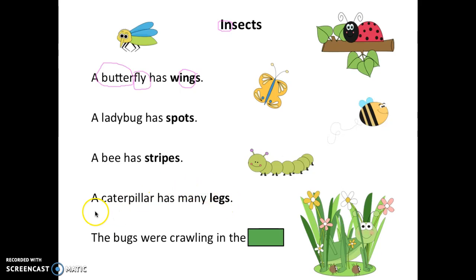Okay, you should have said a caterpillar has many legs. High five your partner if you got that. And the last one. You should have said, The bugs were crawling in the grass.